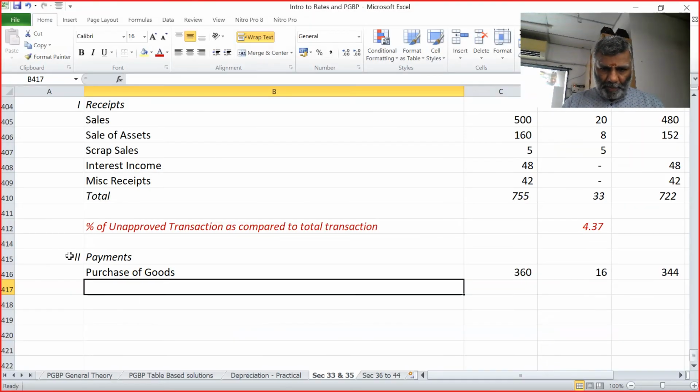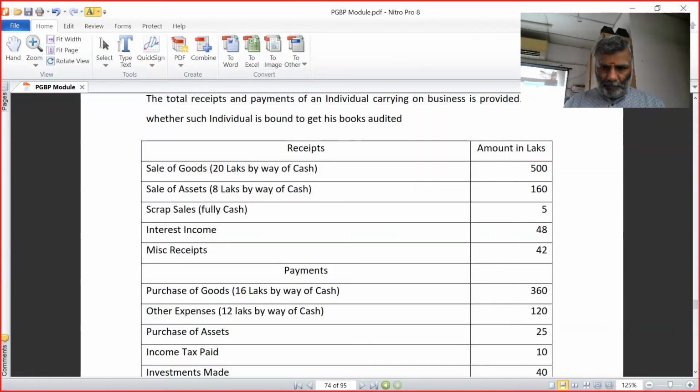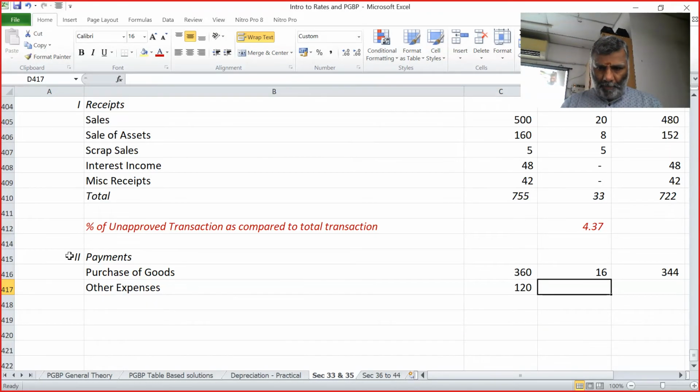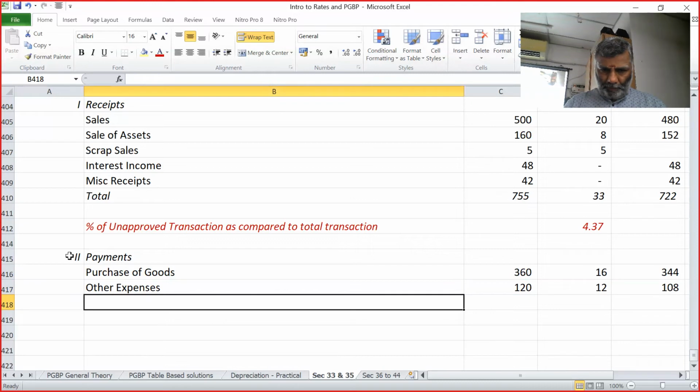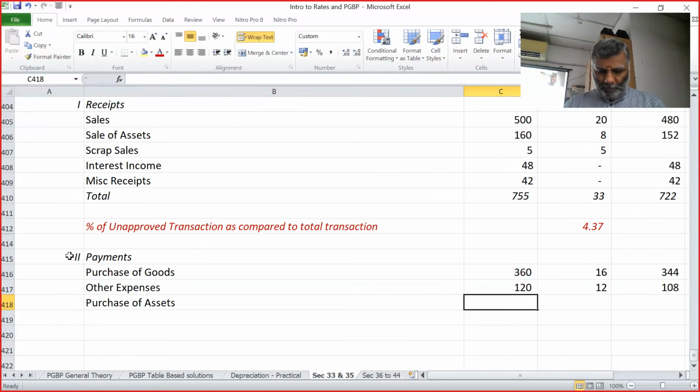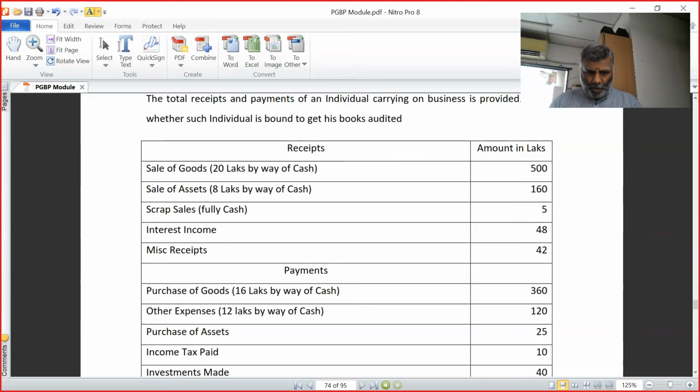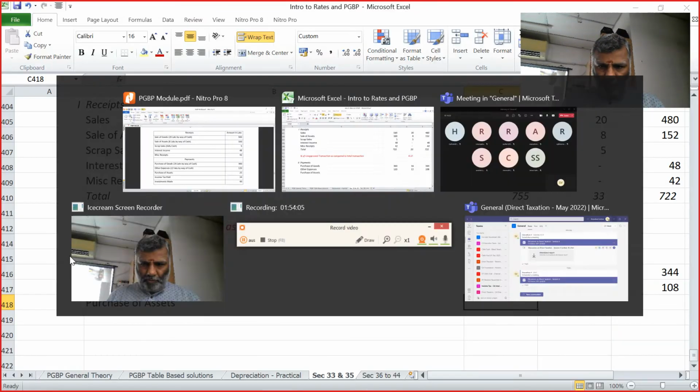Other expenses, 120, out of this 12. Adding 25, 10, 40.